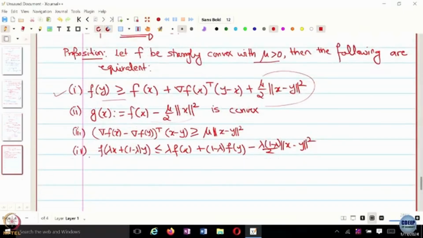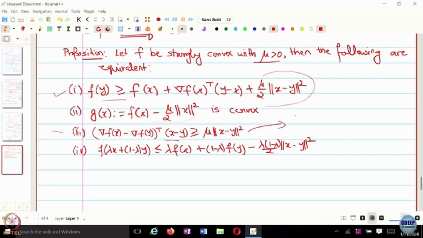But the third condition: suppose I apply Cauchy-Schwarz on this, the third condition. So A transpose B is less than or equal to norm A times norm B. That's Cauchy-Schwarz, and one of the norms would be norm of x minus y. So what we say is that the norm of the difference of the gradients is going to be greater than or equal to mu times the norm of the difference of x and y, right?